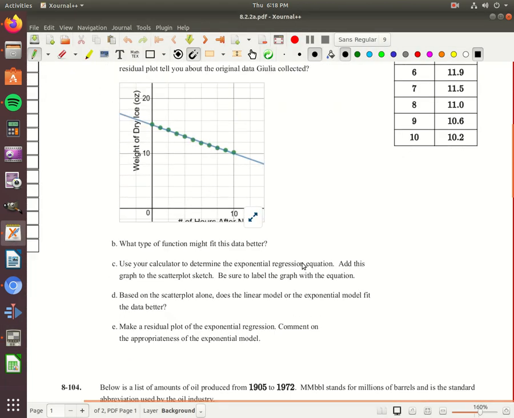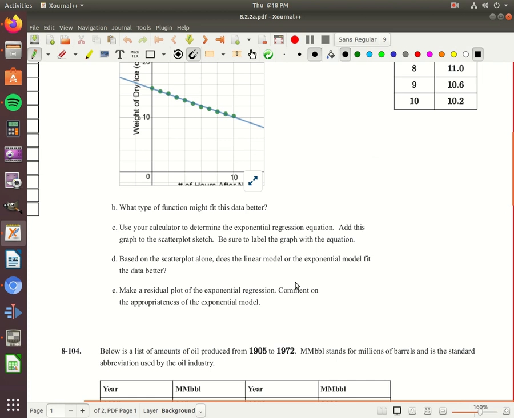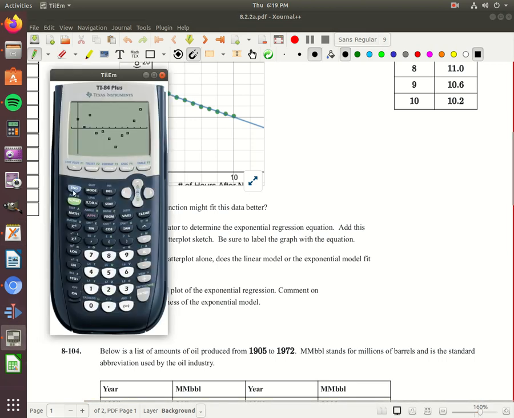So what would be a good fit? Well, what we could do is run an exponential model instead of a linear model to see. So let's go ahead and do that instead. We will go stat, calc, and you can see we have all these other different kinds of equations here.